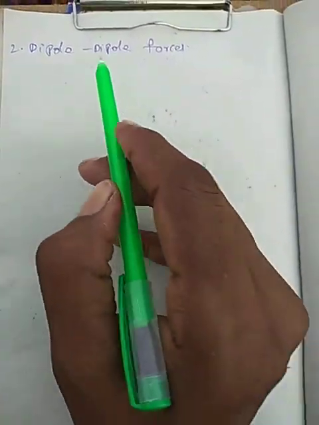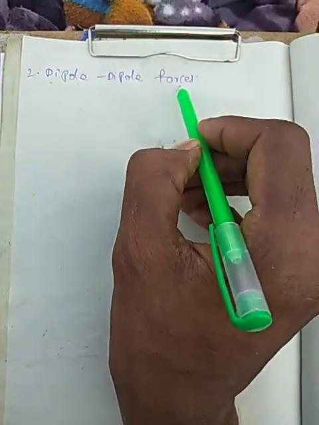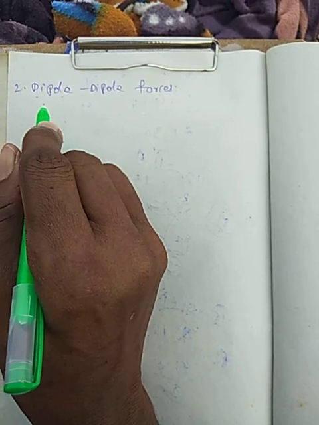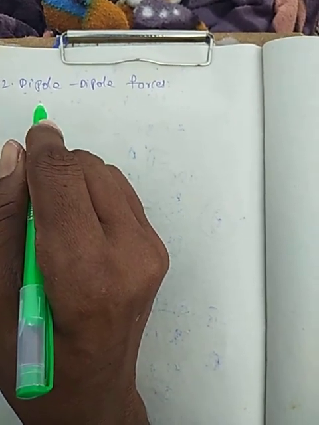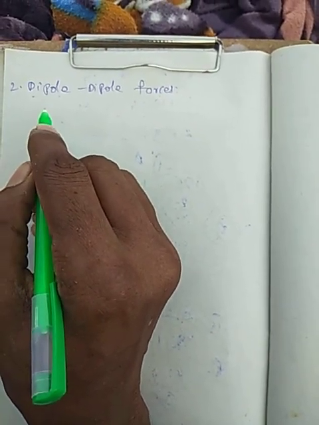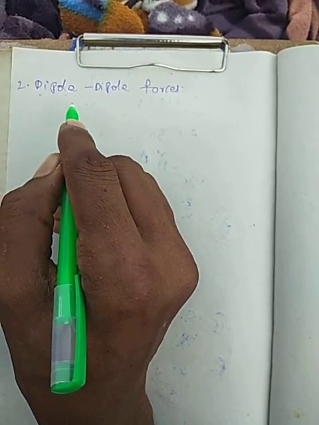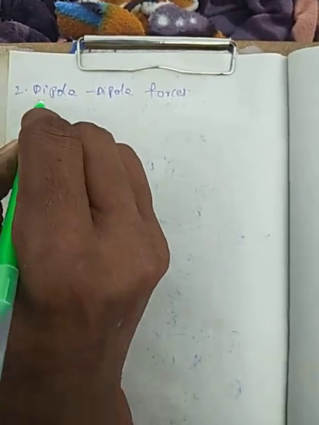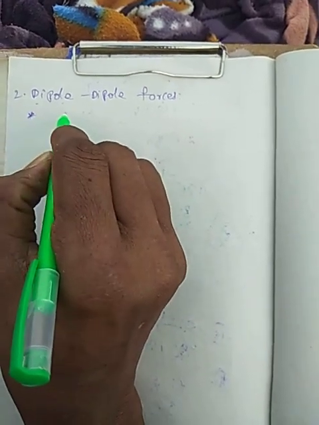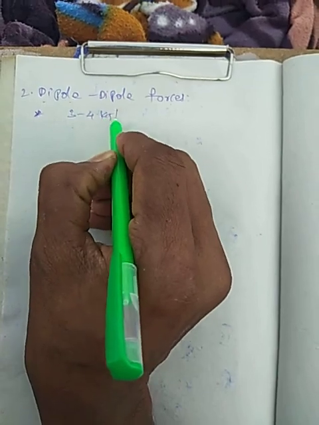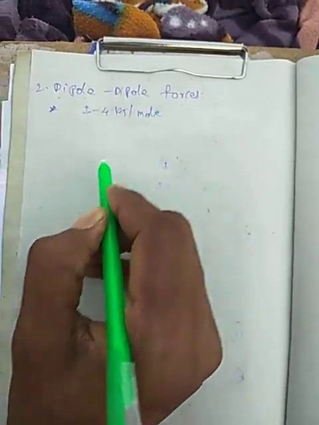Now, next I am going to explain dipole forces. These dipole forces arise mainly because of attractive forces between unlike dipoles and repulsive forces between like dipoles. In this case, the energy will be 3 to 4 kilojoule per mole.